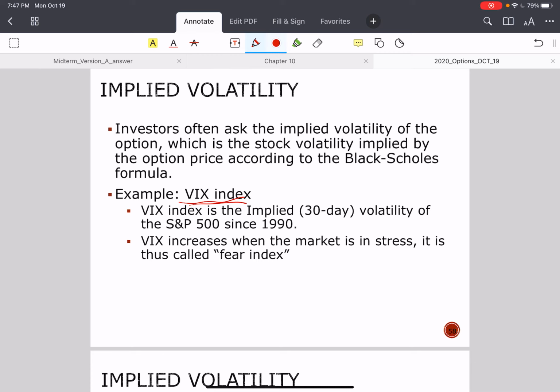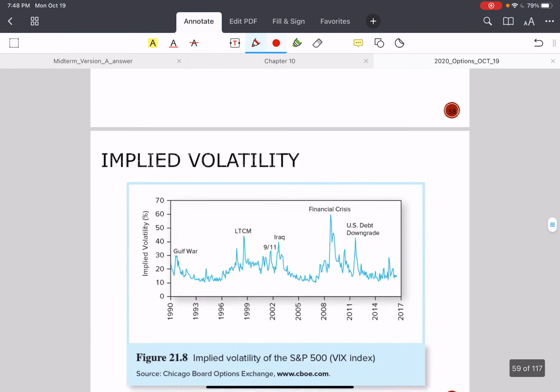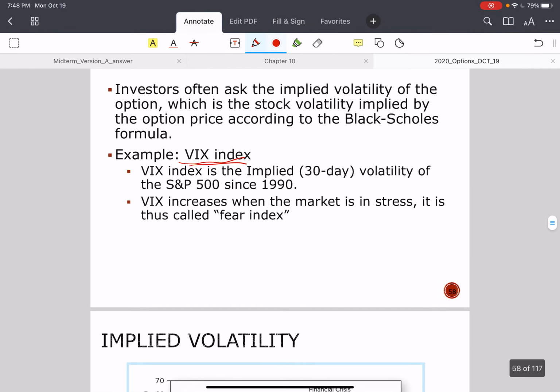And this implied volatility, when you're using SP 500 options, is called the VIX index. VIX index is a very important index. It also has a name which is called fear index or fear gauge.